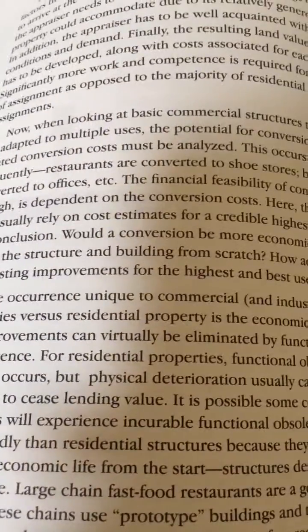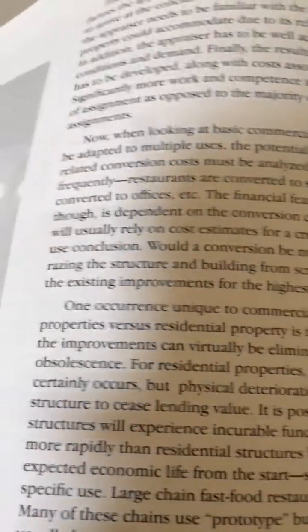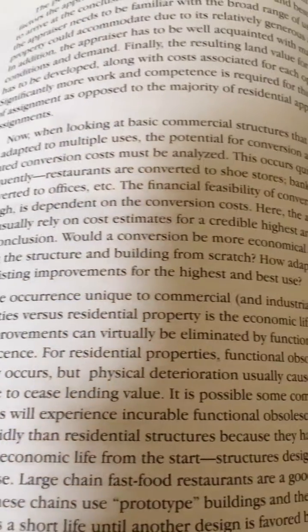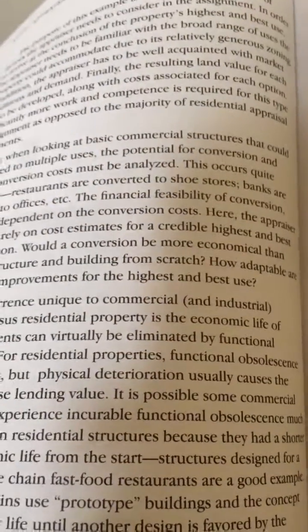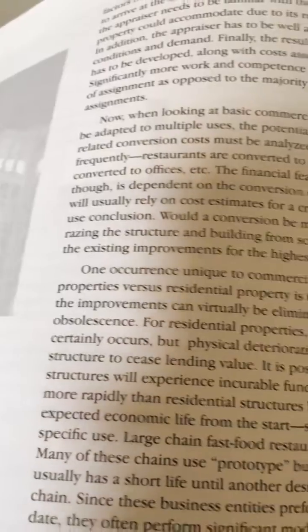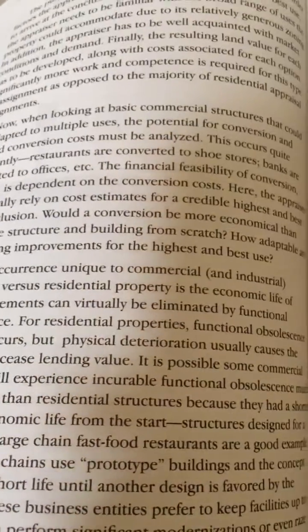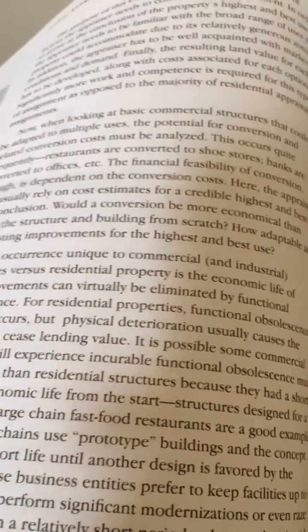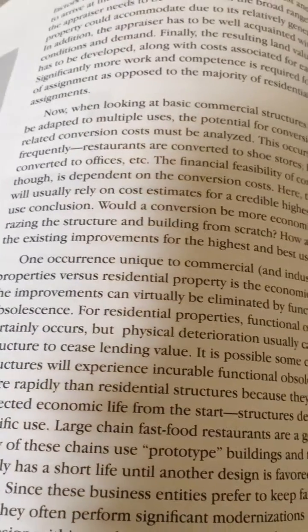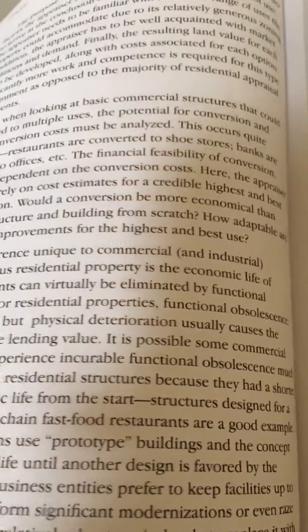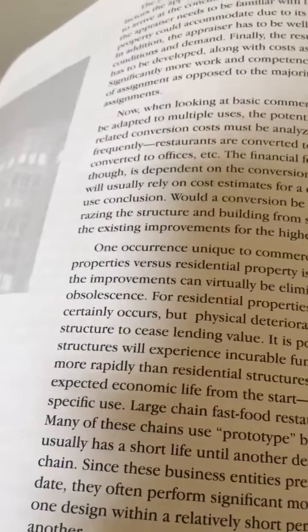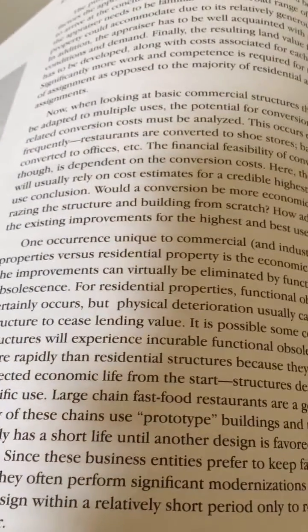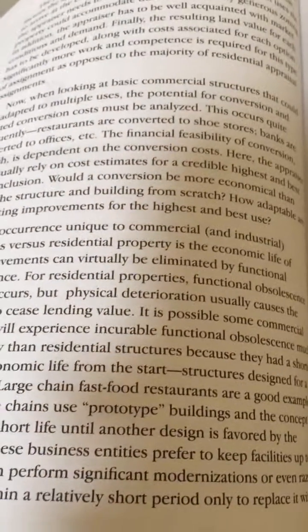One occurrence unique to commercial and industrial properties versus residential property is that the economic life of the improvements can virtually be eliminated by functional obsolescence. For residential properties, functional obsolescence certainly occurs, but physical deterioration usually causes the structure to cease lending value.